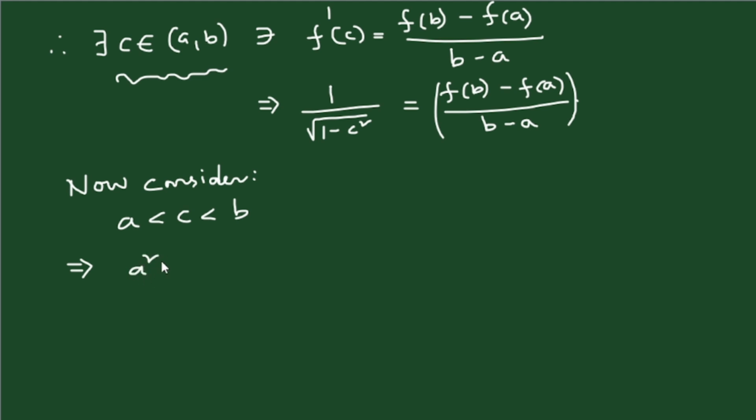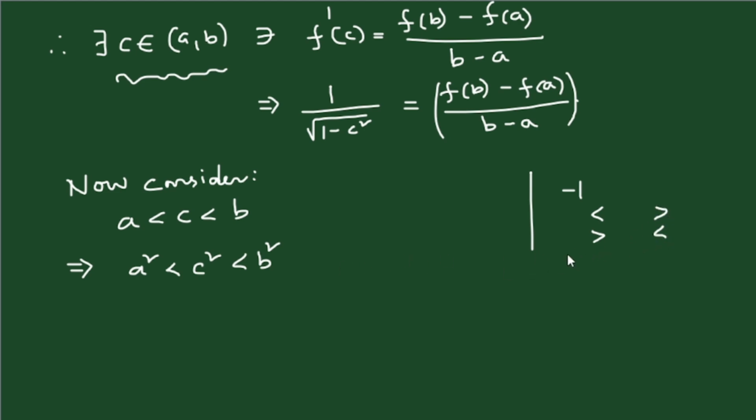A square less than C square less than B square. Whenever you square something, the inequality won't reverse. We have only two particular cases in which the inequality gets reversed. When you multiply the entire inequality by minus 1, a negative quantity, the less than will become greater than, and greater than will become less than.